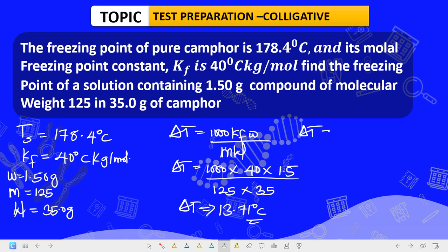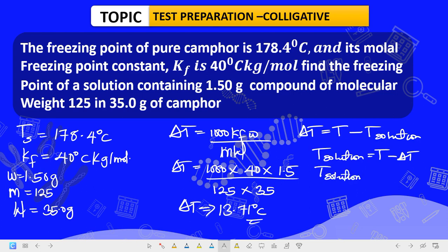Now the question says find the freezing point of the solution, but we know that change in T is equal to the freezing point of the pure solvent minus that of the solution. So to get the freezing point of the solution, freezing point of solution is equal to freezing point of pure solvent minus change in T. The freezing point of pure camphor, the pure solvent, is 178.4 degrees Celsius, minus change in T, calculated as 13.71 degrees Celsius.